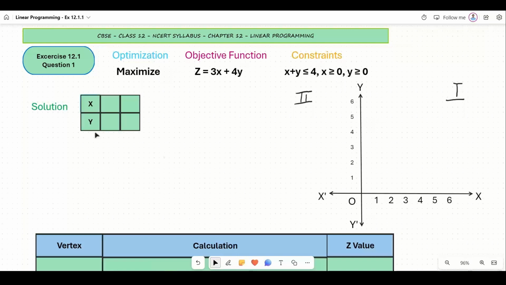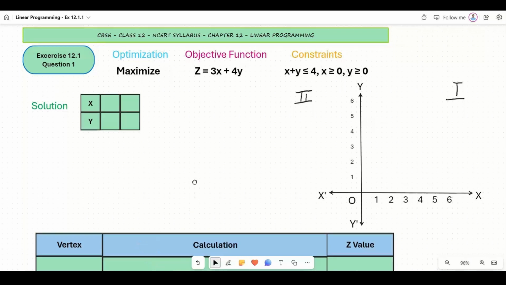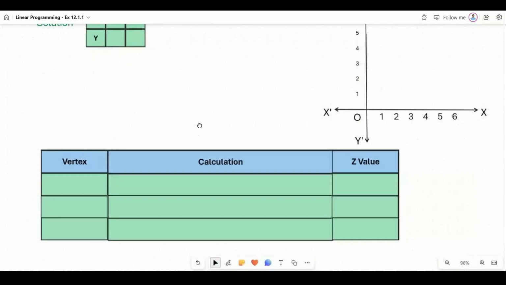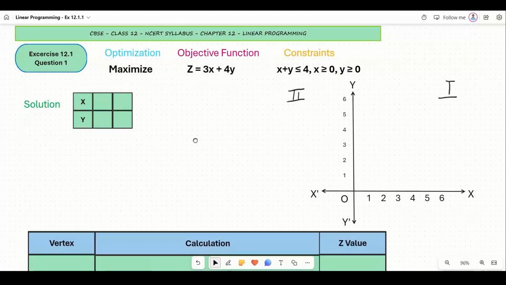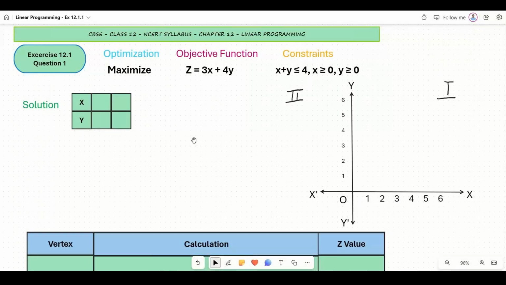If you have a very detailed, neat tabular format where you can fill in the information, and the person correcting your paper finds correct answers around this table and the graph, then even if you have made some mistakes in the calculation below, at least you will get a portion of the marks. If you just go with your own way of writing and completing the entire thing, then you might not get even partial score.